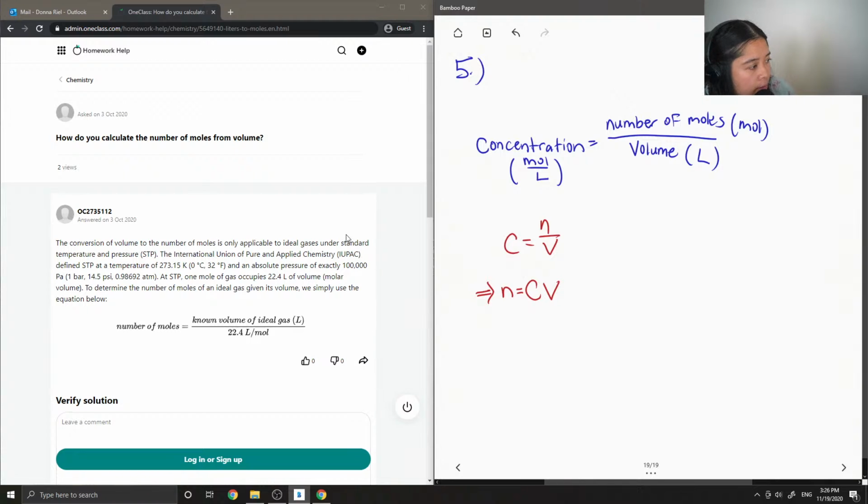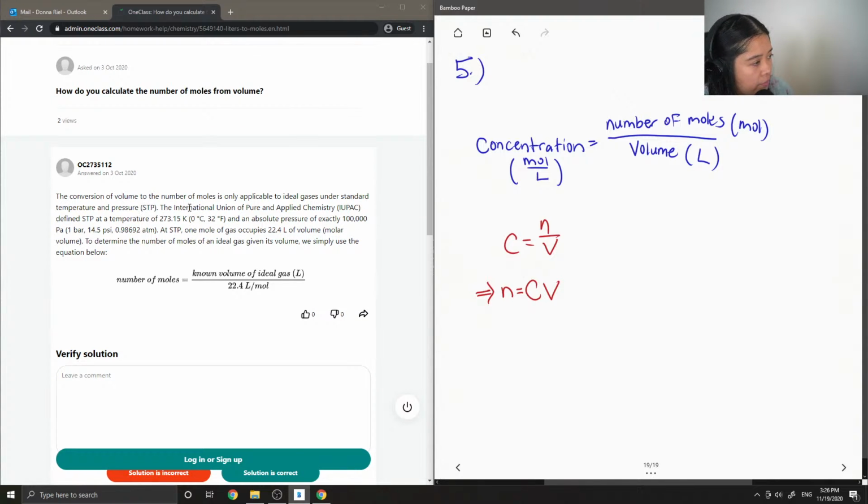Okay, so let's see what the junior tutor said. The conversion of volume to the number of moles is only applicable to ideal gases under standard temperature and pressure. The International Union of Pure and Applied Chemistry defined STP at a temperature of 273.15 Kelvin and an absolute pressure of exactly 100,000 pascals.